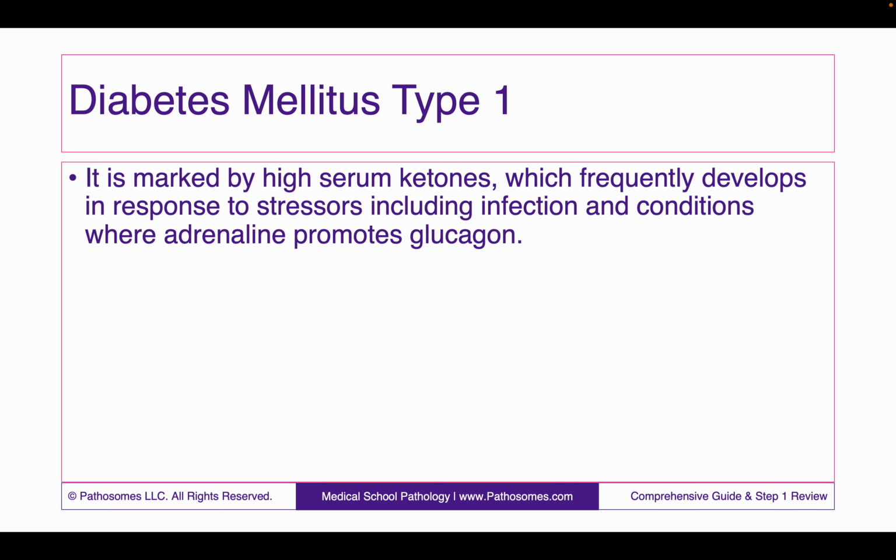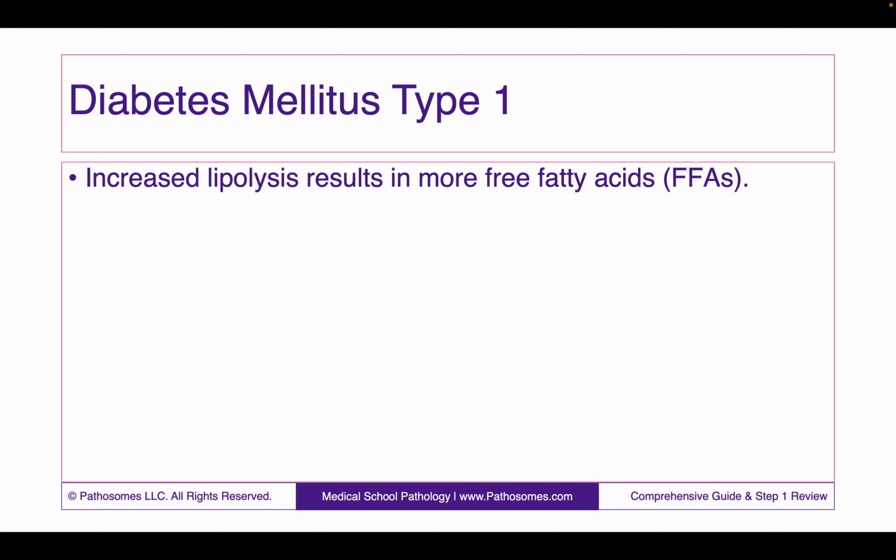Note that it is marked by high serum ketones, which frequently develops in response to stressors, including infection and conditions where adrenaline promotes glucagon. Increased lipolysis results in more free fatty acids.